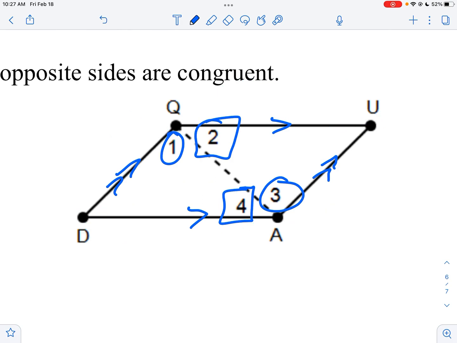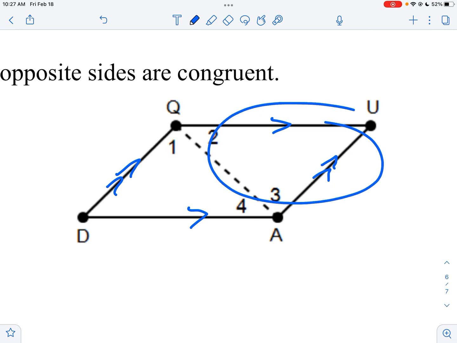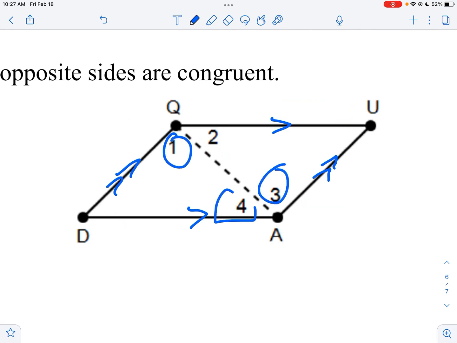And so that's the general plan. The side that's going to be congruent is just this one that we drew. The shared side in the middle is going to be congruent on both triangles. And so that's the game plan. To prove that opposite sides are congruent, we need to show these triangles are congruent, and those triangles are congruent because these pairs of angles are congruent, and then the side between them, and that'd be angle, side, angle.